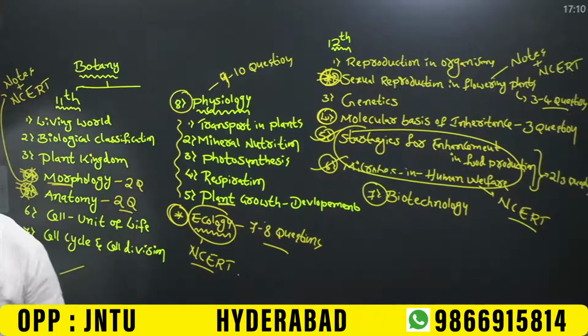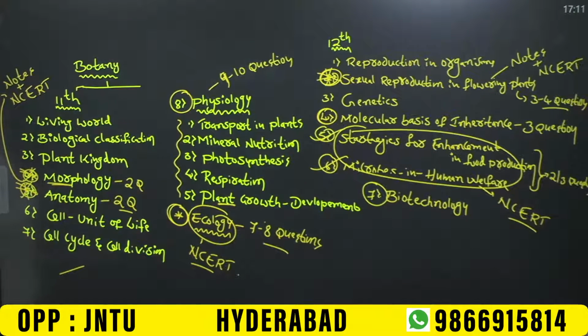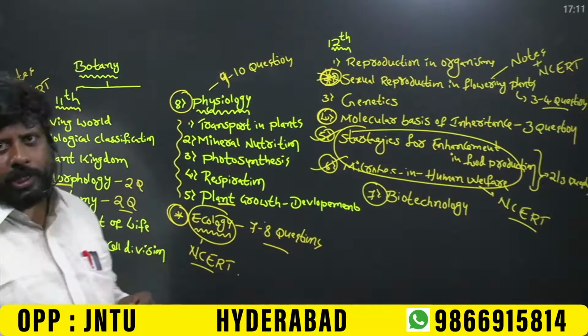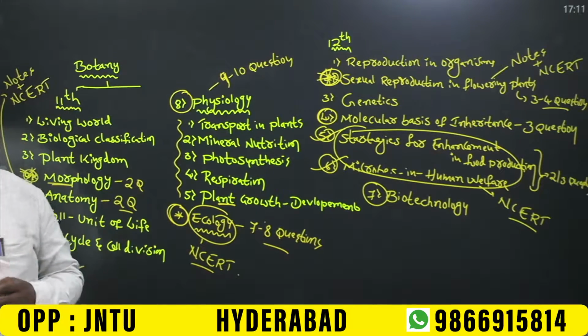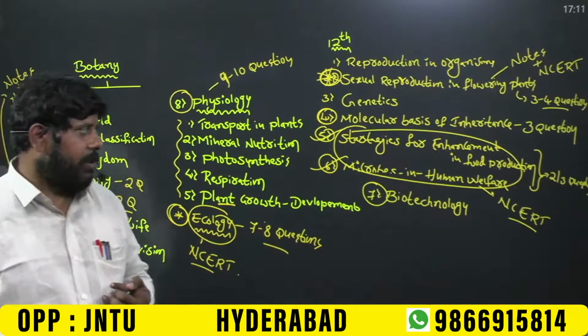Beyond the NCERT there are some questions, but the majority of the questions come from the NCERT textbook only. That's why, according to my knowledge, I am suggesting all botany students, please stick on to NCERT to crack the 2022 NEET exam.